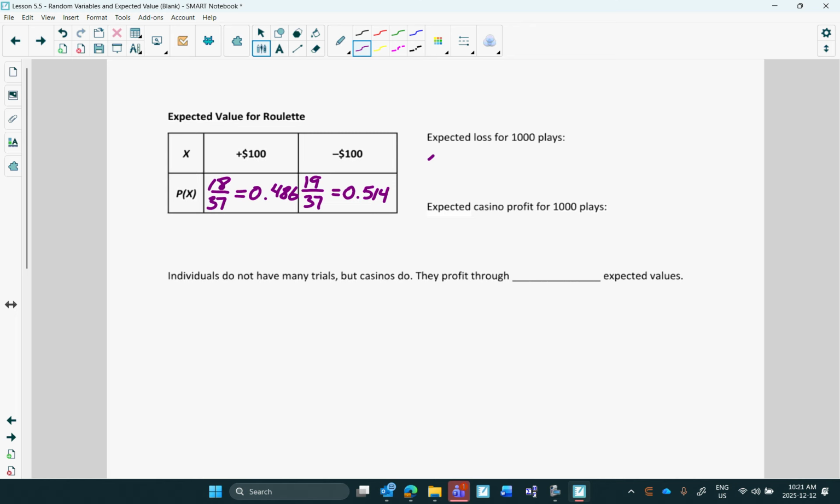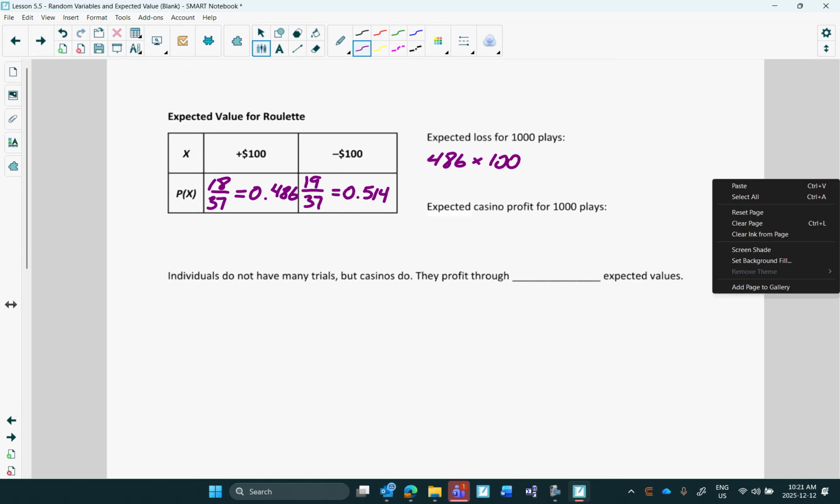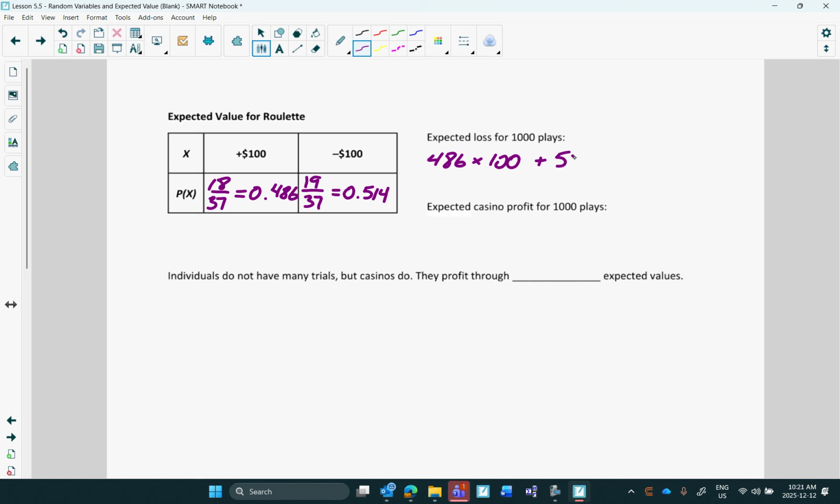Remember, it was 486 times 100 plus 514 times negative 100. If we played 1,000 times, we'd expect to lose $2,800. And what's the expected casino profit? $2,800. Our money's got to go somewhere, and it's going to go to the casino. Okay?